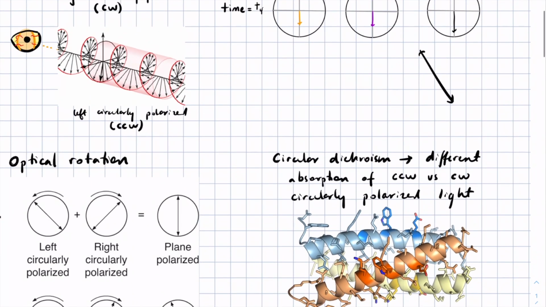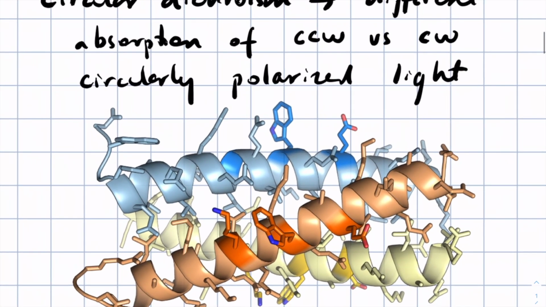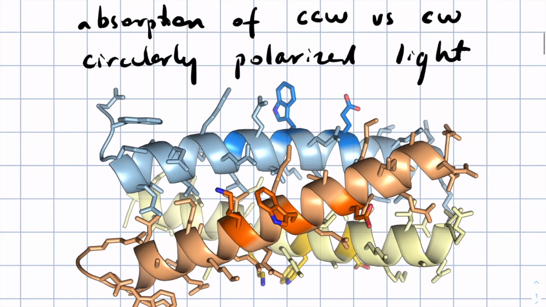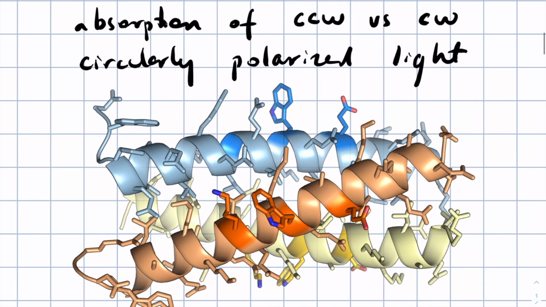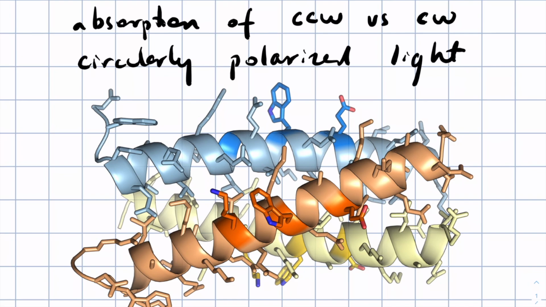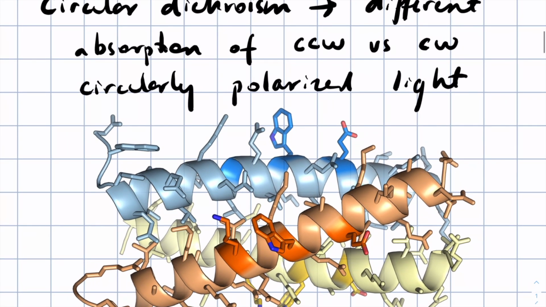So here I'm showing you a crystal structure of an alpha helical bundle, a trimeric bundle of helices. And of course, now we've got the crystal structure, we know what the structure is, but even without the crystal structure, there are some characteristic patterns in a circular dichroism spectrum that can tell you something about the secondary structure of your protein.